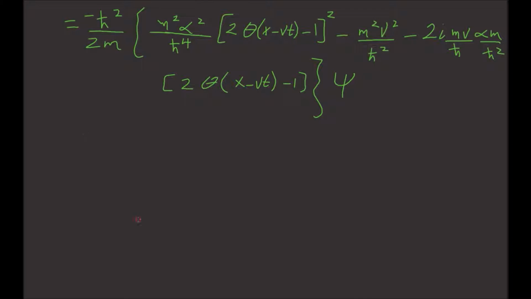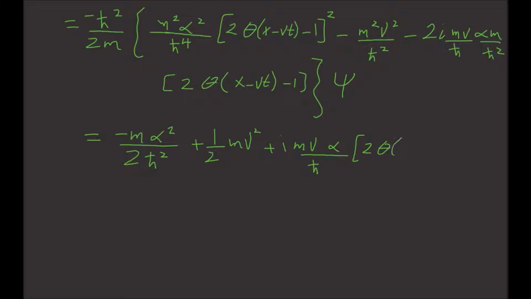Simplify a little bit further. This gives us minus m alpha squared divided by 2 h bar squared plus 1/2 mv squared, kinetic energy, right? Plus i times mv times alpha divided by h bar times 2 times theta of x minus vt minus 1, in curly brackets, times psi.